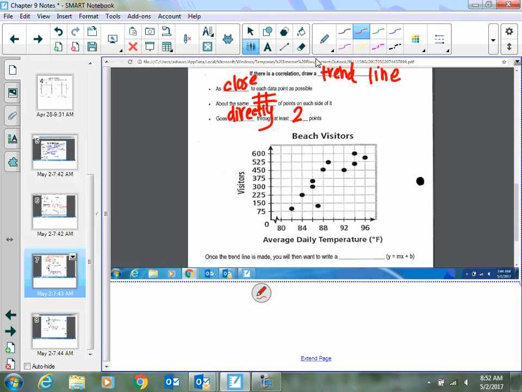I'm going to go through these 2 points right here. Mine's not going to be perfect, but yours should be. I'm going to make it look something like that. I have 3 on top, 4 on the bottom, and I have this outlier, so I'm not really worried about it. But draw your trend line pretty close to mine.